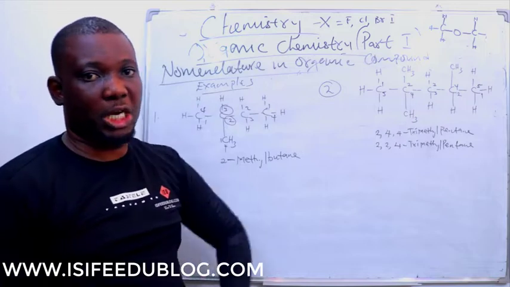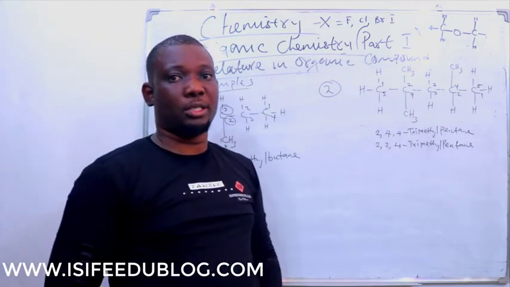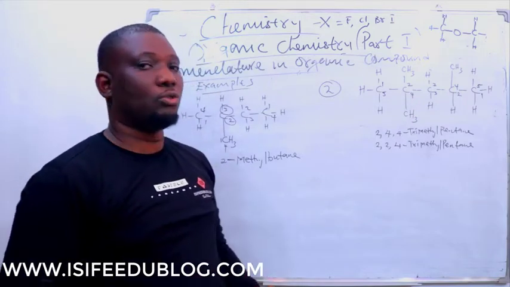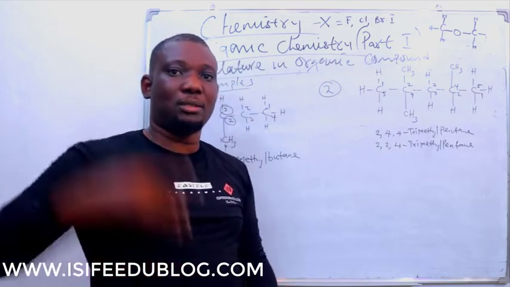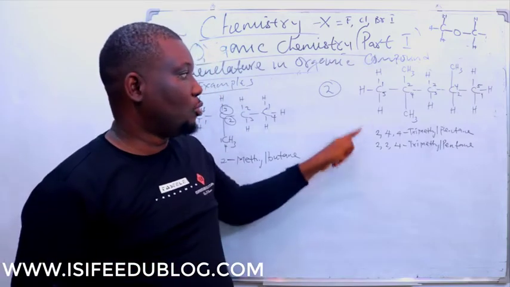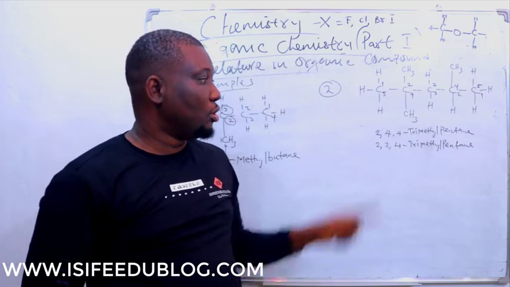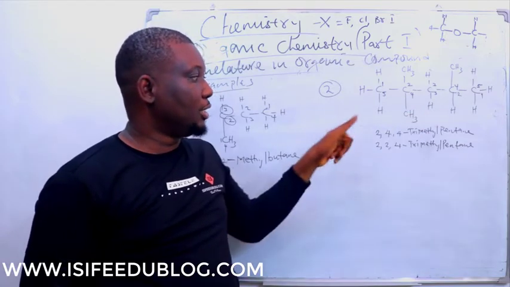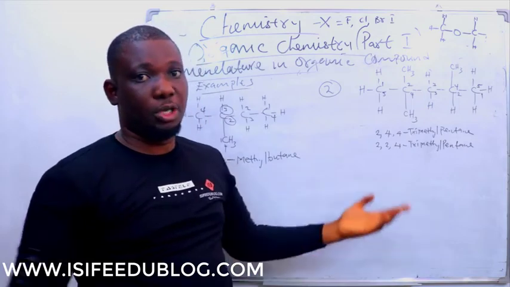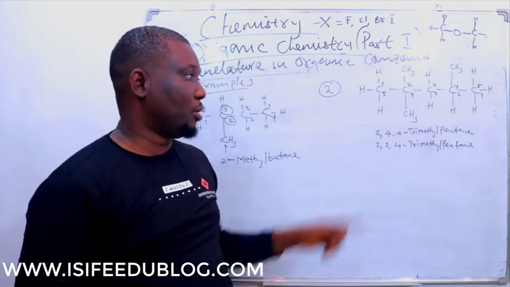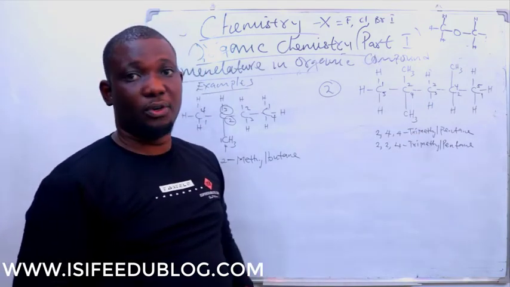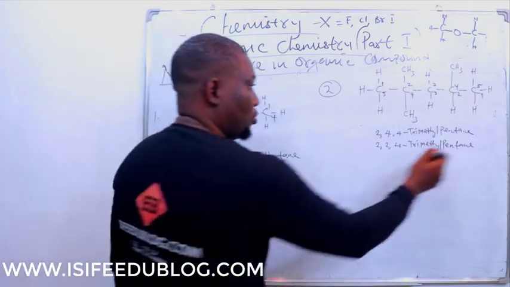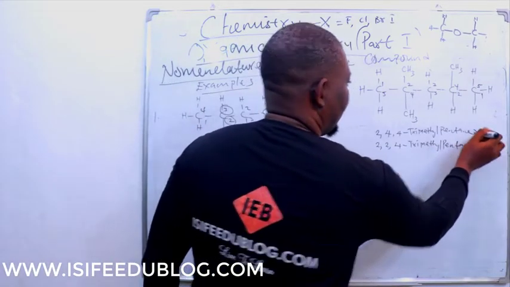Based on IUPAC nomenclature, or the systematic rule, please try to give the locants the smallest possible numbers. 2,2,4-trimethylpentane and 2,4,4-trimethylpentane: you should know which number set is lowest. Is it 244 or 224? Which one is lowest? 224 is correct. This is wrong.